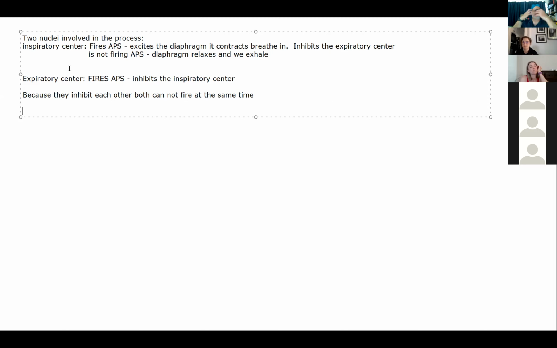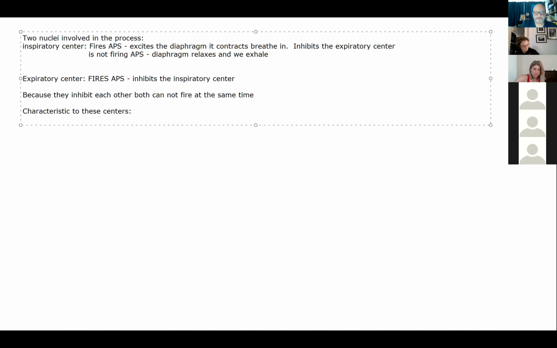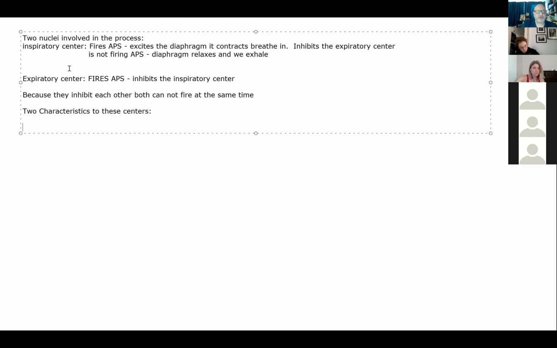So there is another important characteristic to both these centers that allow them to be able to oscillate. That characteristic, well, actually, there's really two characteristics. The first is that they habituate.